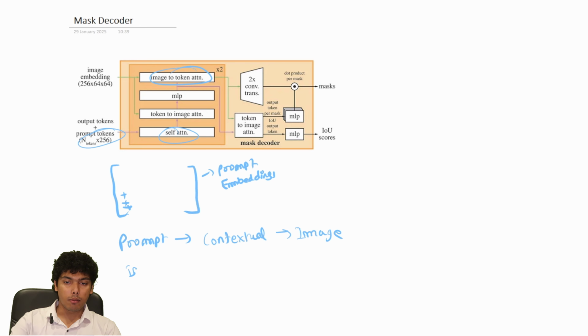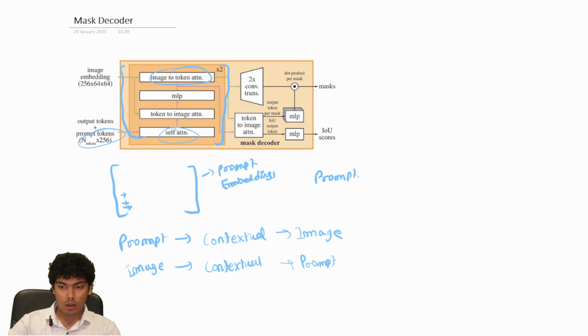Similarly, in image to token attention, all the image embeddings are updated with the contextual information from the prompt embeddings. The output of this module is prompt aware image embeddings.